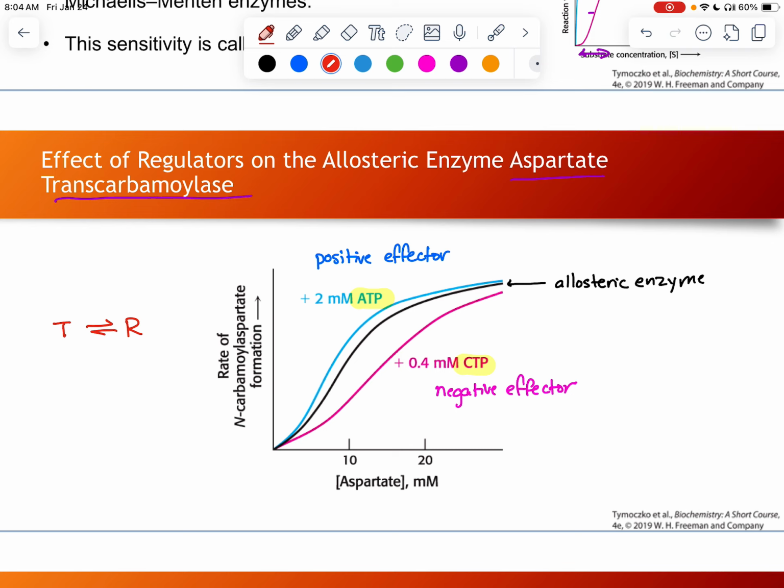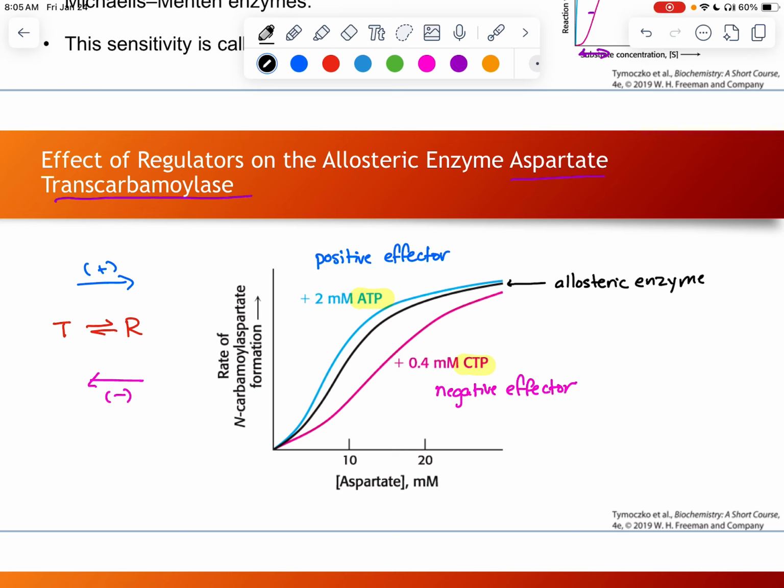A negative effector will shift our equilibrium back towards that tense state, right? Less likely to react. A positive effector will shift our equilibrium back towards that R state, more likely to bond and react.